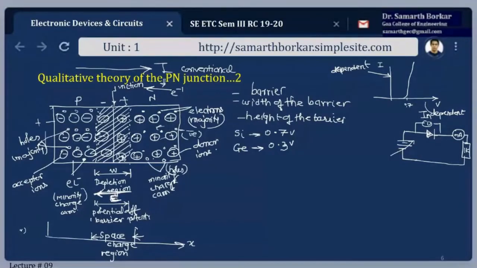They are also referred to as the space charge region, and with no external battery connected, the barrier height is of the order we had discussed. If I don't apply any voltage across the terminals, then this barrier potential is 0.7 for silicon and 0.3 for germanium. So this is the sixth point.